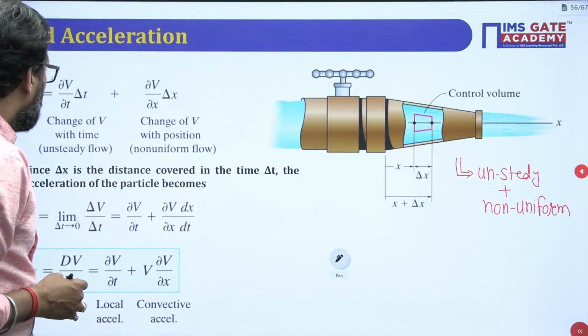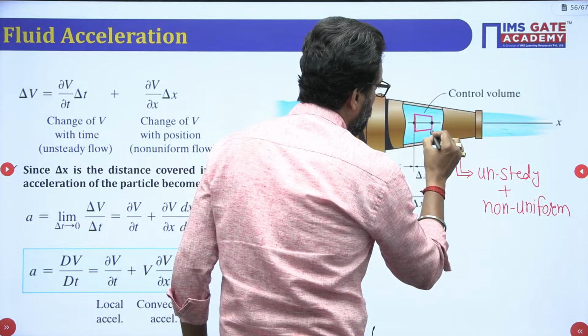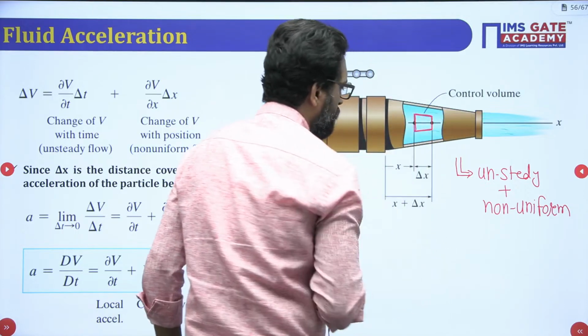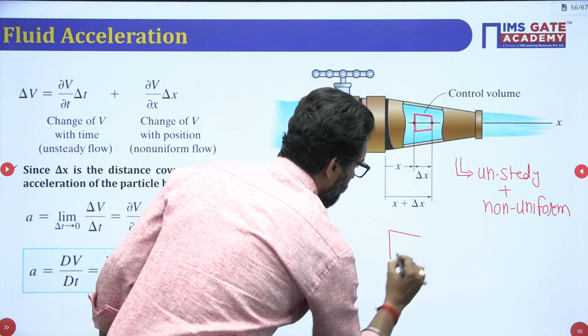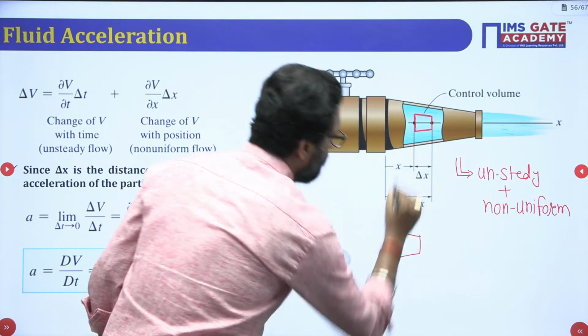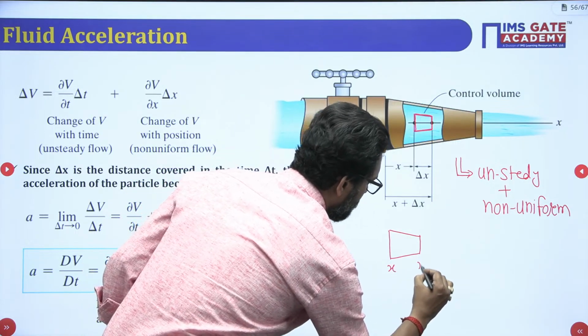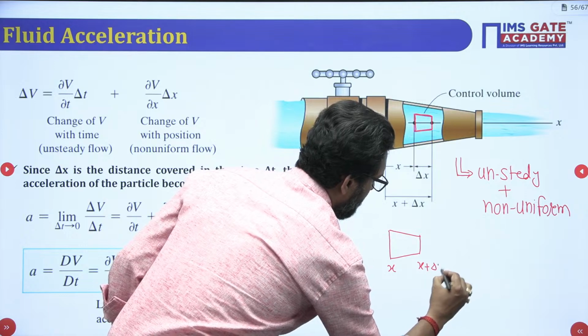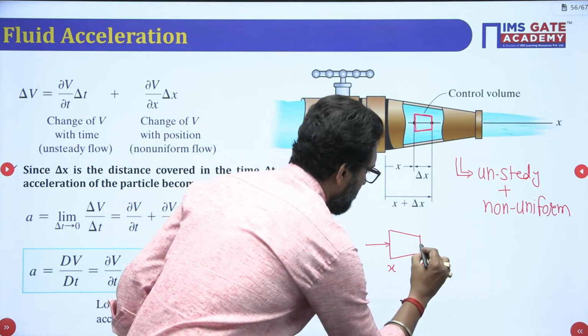Now, let's suppose this is your control volume. This control volume is at x, and this is your x plus delta x. There is an inlet and an exit.